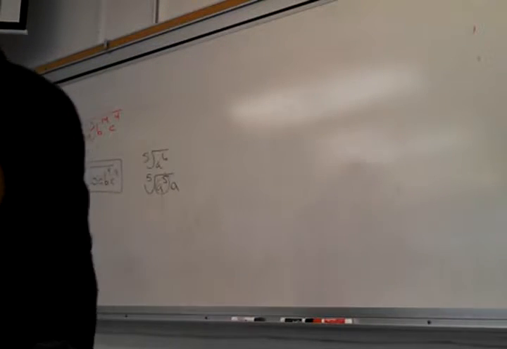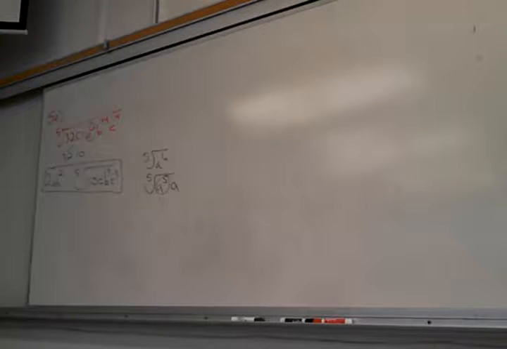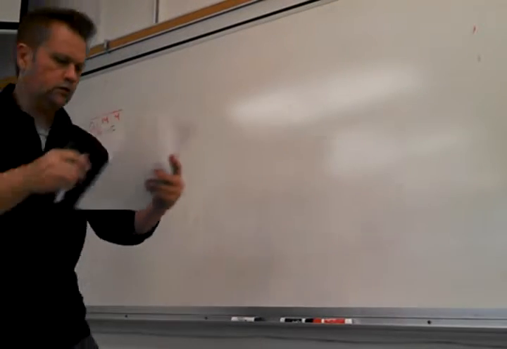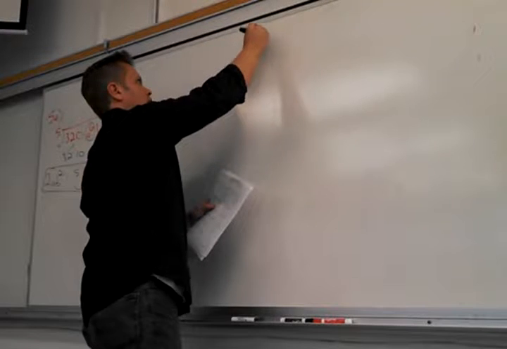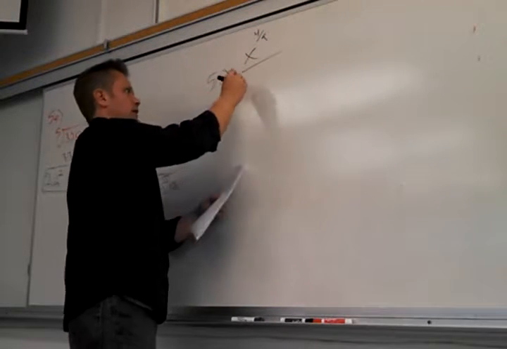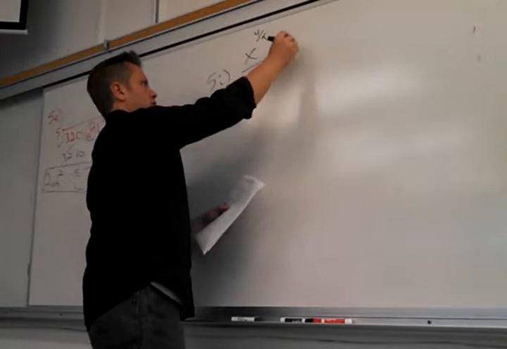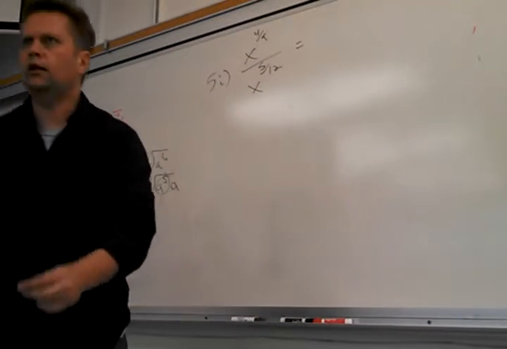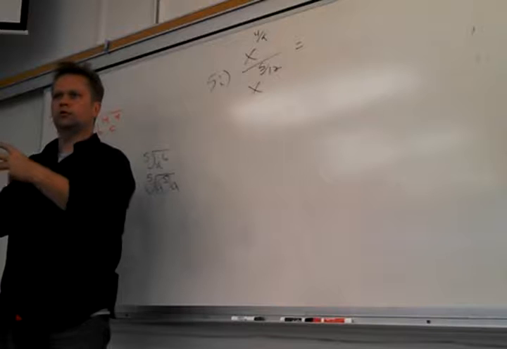Whatever's inside the problem does not change my property. So in this problem, I've got x to the 4/9 divided by, this is 5i, x to the 5/12. So what am I actually doing?